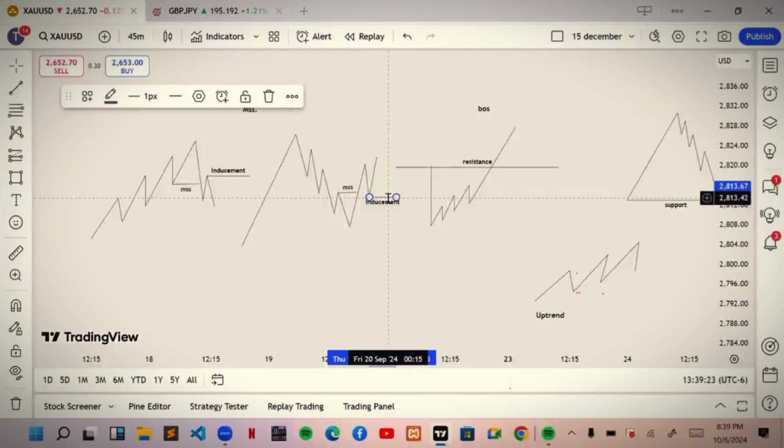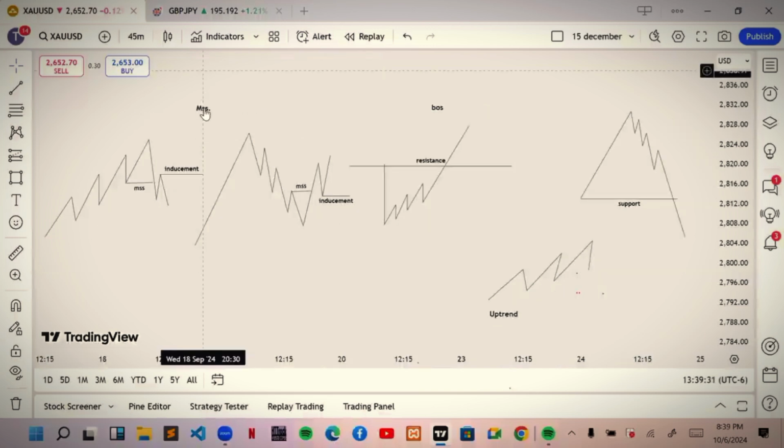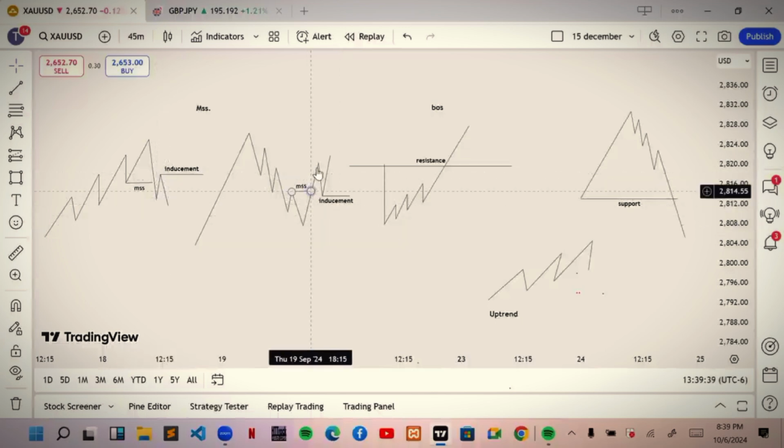So, the inducement is the first valid pullback the market makes after a break of structure or a market structure shift. This was when the market broke structure to the downside. This is the first pullback it makes before continuing that move. Same as this, the market changed structure to the upside, and after that it made the pullback before continuing that move. The pullbacks it makes are the inducement.